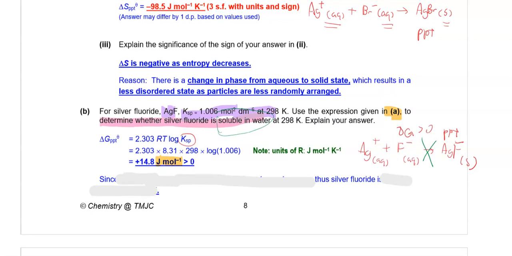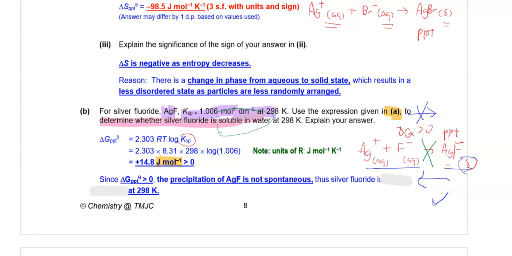Remember I said earlier on, if the forward reaction is not spontaneous, the reverse reaction will be spontaneous, which means now we're looking at silver fluoride solid forming silver ions and fluoride ions very readily. The reverse reaction, the dissolution process, dissolving AgF, will be a favorable process. The precipitation reaction is not spontaneous. As a result, the backward reaction, which is the dissolving of silver fluoride, will be spontaneous, and therefore silver fluoride is soluble.